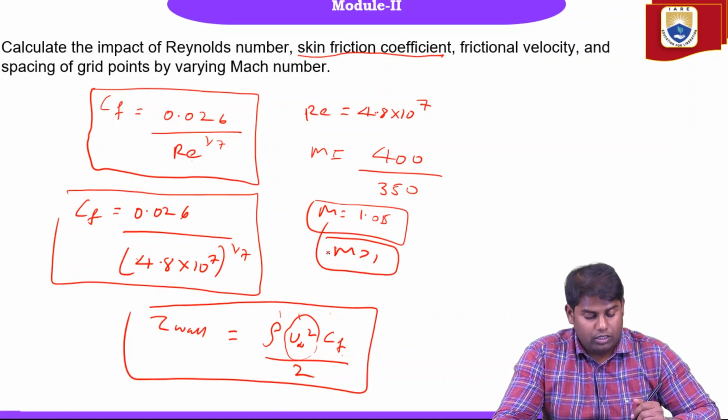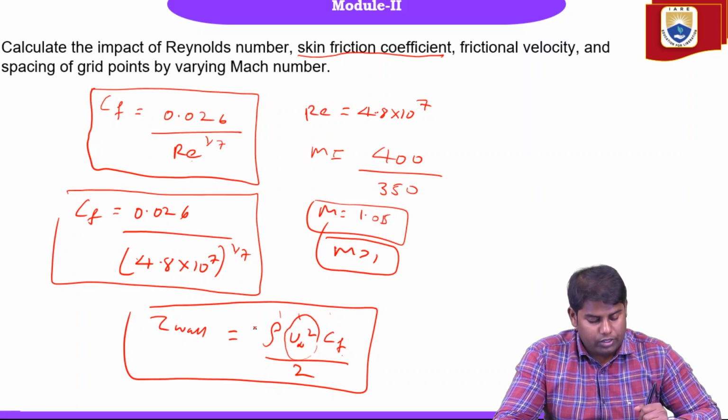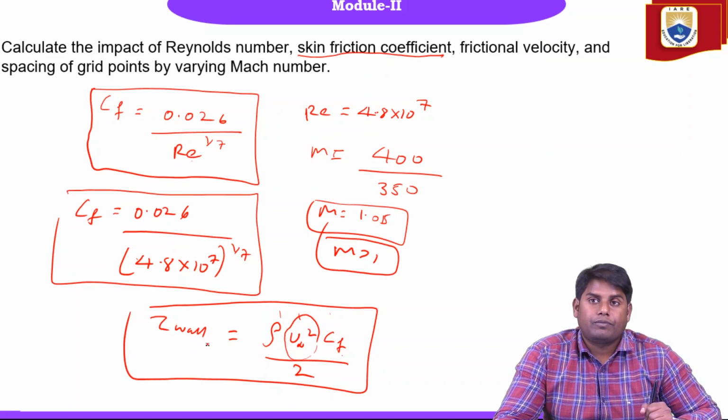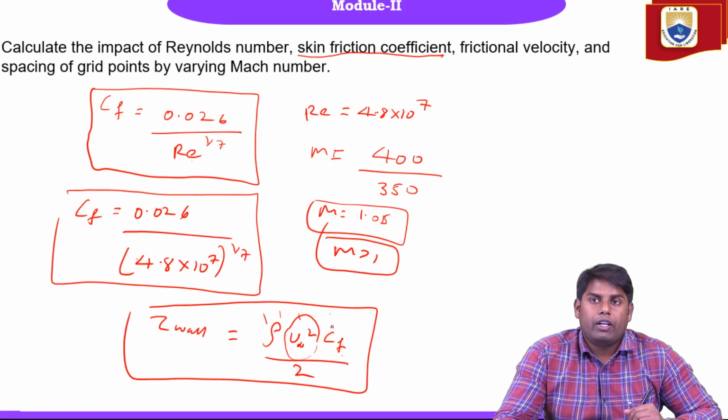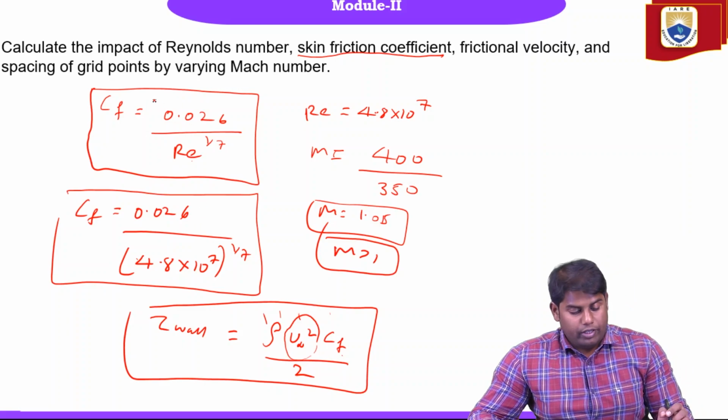Therefore tau of wall is equal to rho u infinity square CF divided by 2. So tau increases by increasing u infinity or increasing rho. CF changes depending on the Reynolds number. So this is what we have.